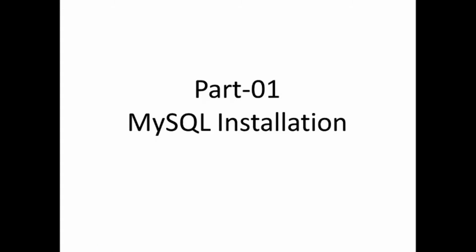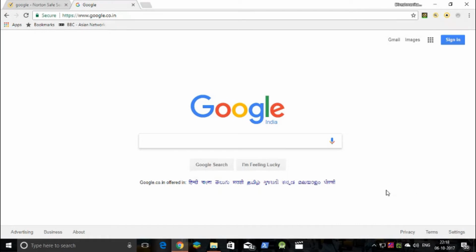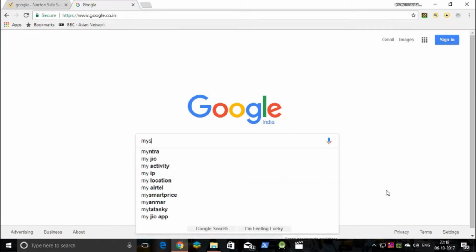As I said, in this video I'll be explaining how to install MySQL, that is the Oracle MySQL server, on your PC or laptop. So directly jump to this link, or else follow my instructions now.